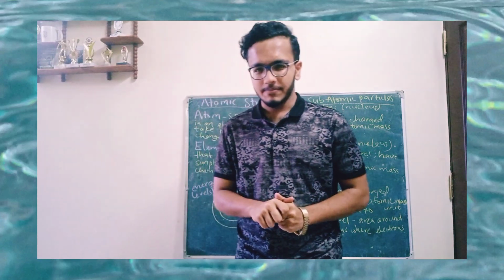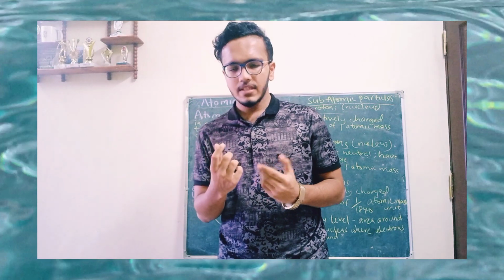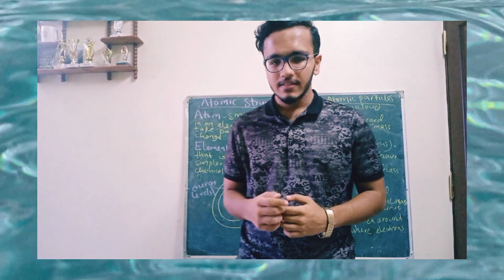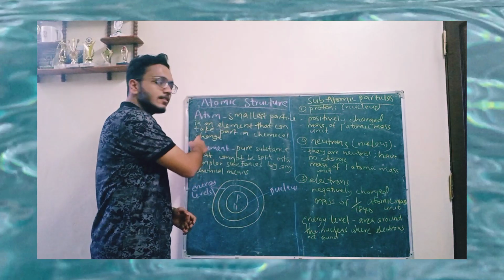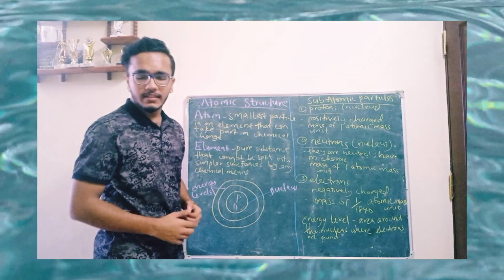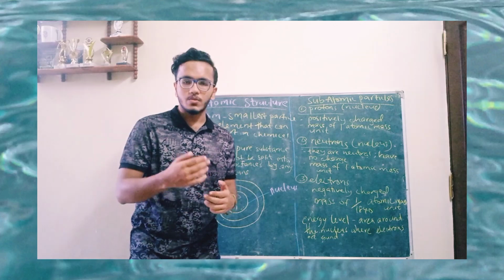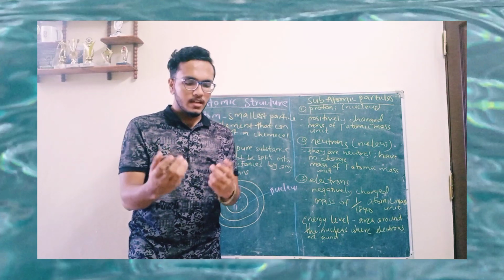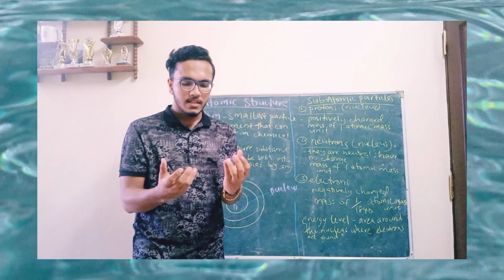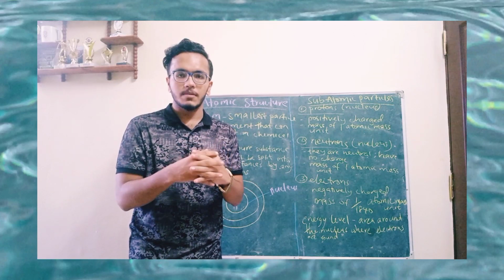Now, what is an atom? An atom is the smallest particle in an element that can take part in chemical change. Now, what is chemical change? Chemical change is where one pure substance combines with another pure substance to form a new substance.